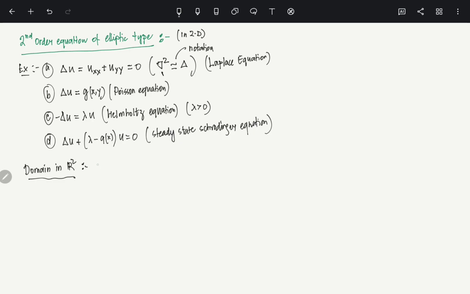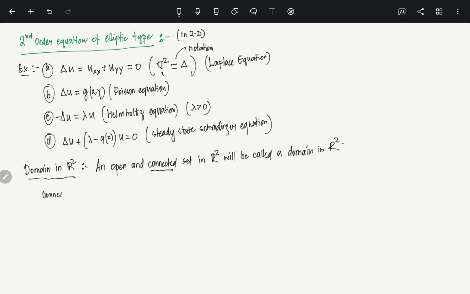An open and connected set in R2 will be called a domain. You can talk about Rn also, absolutely no issues. Of course, you know what an open set is. What we want to talk about is a connected set. Let's understand the connected set.